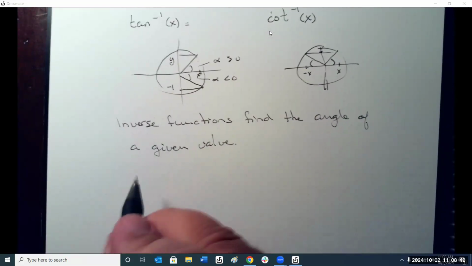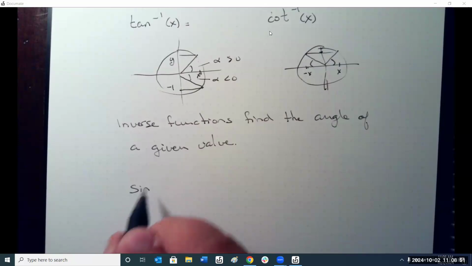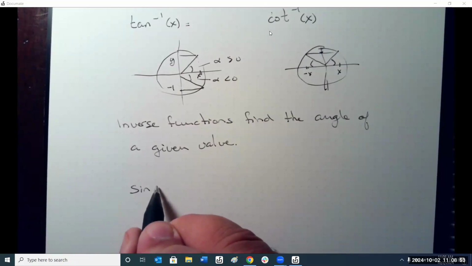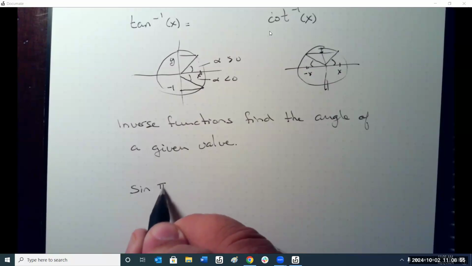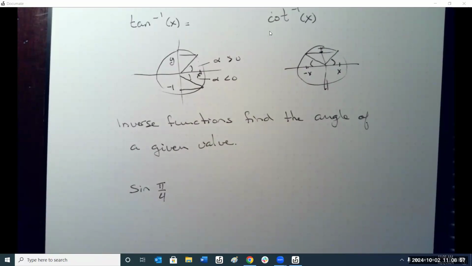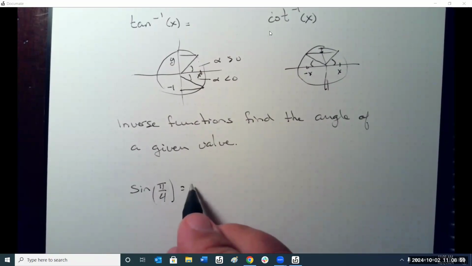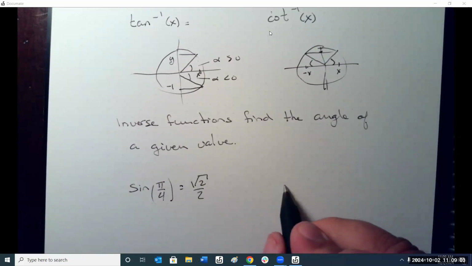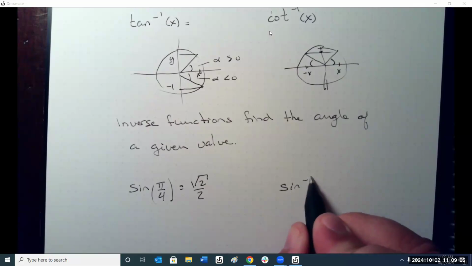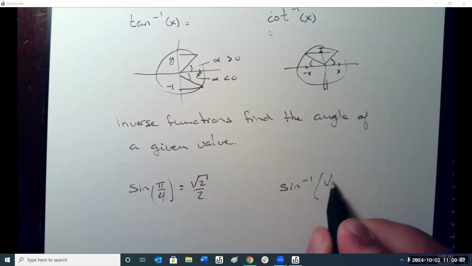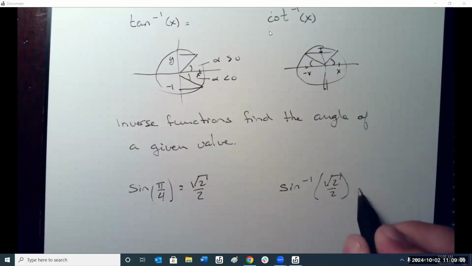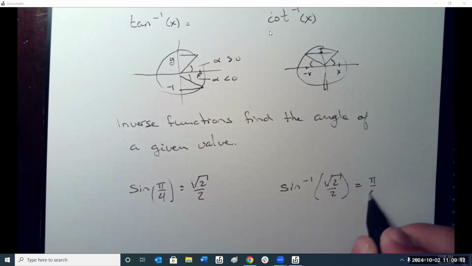Remember, for original functions, if I gave you sine of pi over 4, that's square root of 2 over 2. But if I give you the inverse sine of square root of 2 over 2, then that gives me pi over 4.